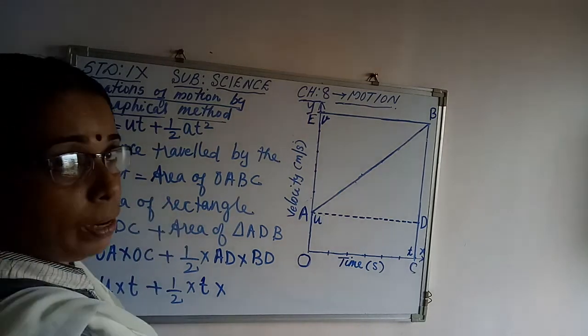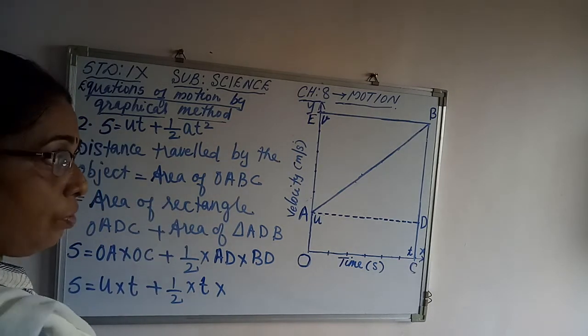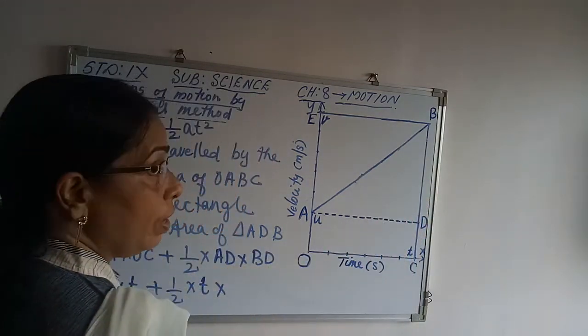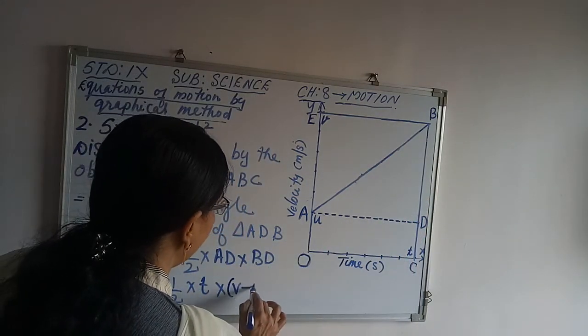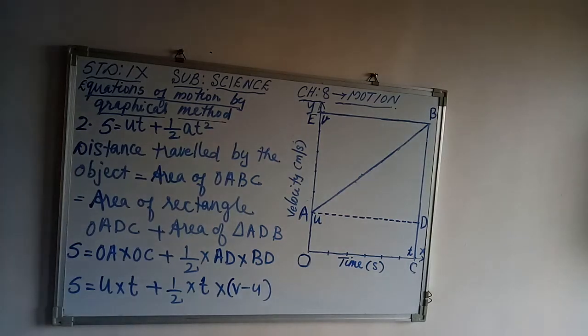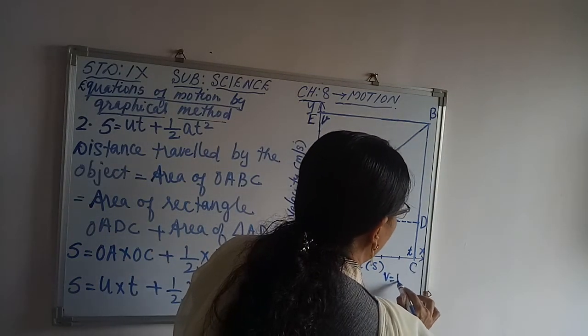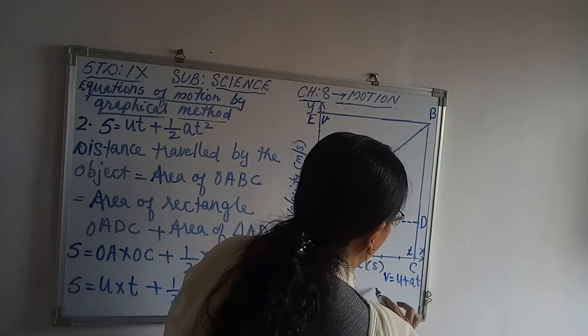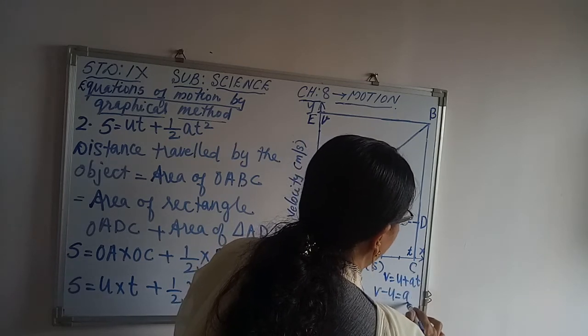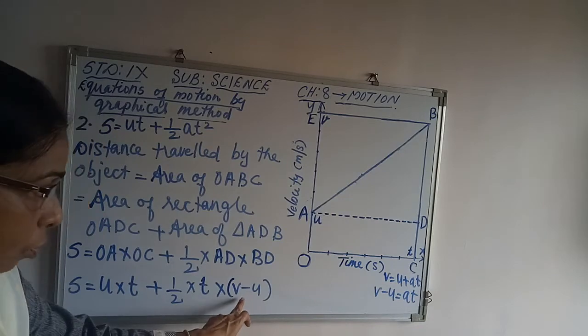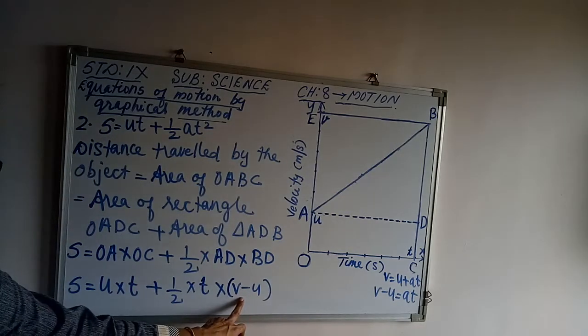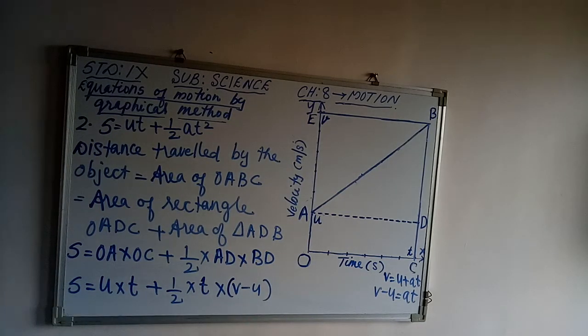We have already calculated in the previous equation. BD is equal to V minus U, isn't it? But from the equation V is equal to U plus AT, what is V minus U? It is equal to AT. So in place of V minus U, we can substitute AT.